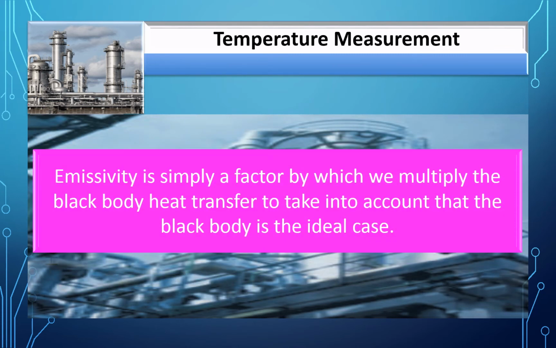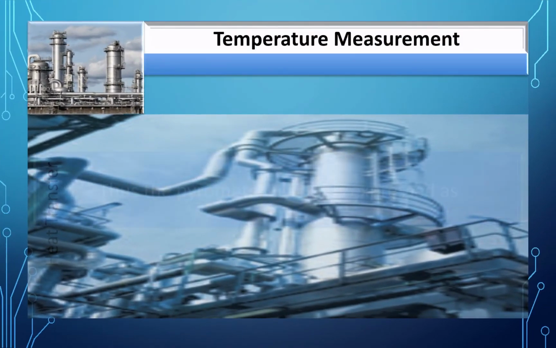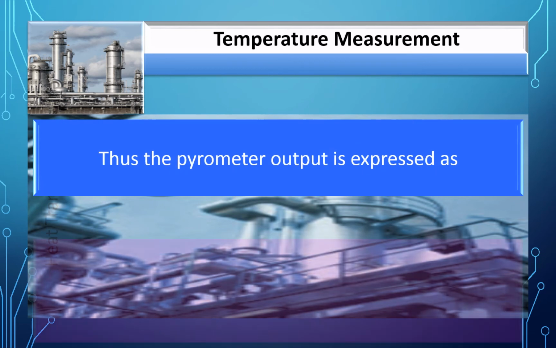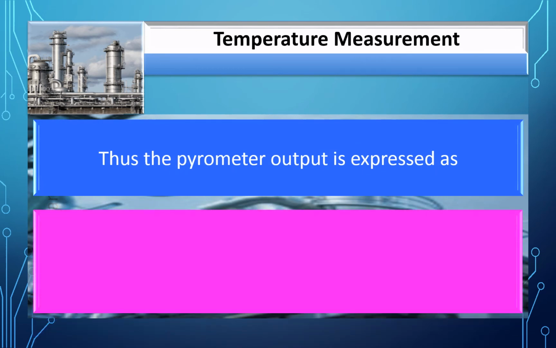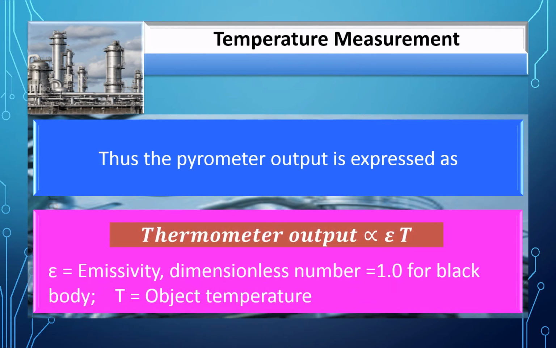Emissivity is simply a factor by which we multiply the black body heat transfer to take into account that the black body is the ideal case. Thus, the pyrometer output is expressed as thermometer output proportional to epsilon times T, where epsilon is emissivity, a dimensionless number equal to 1 for a black body. T is the object temperature.